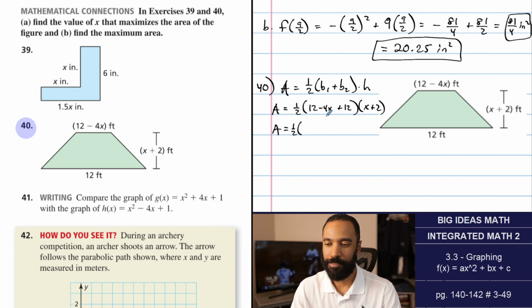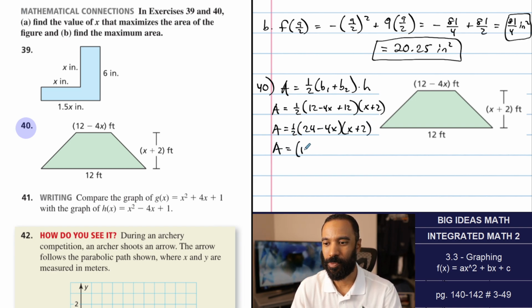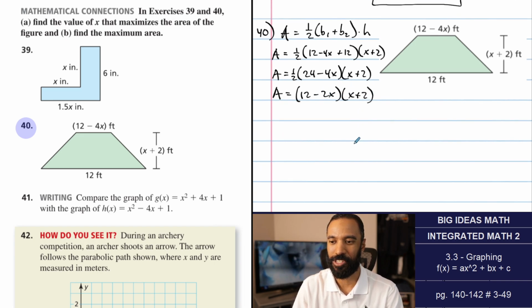So half of 12 plus 12 is 24. 24 minus 4x times x plus 2. Let's take half of that. That's 12 minus 2x times x plus 2. And now let's distribute this out.